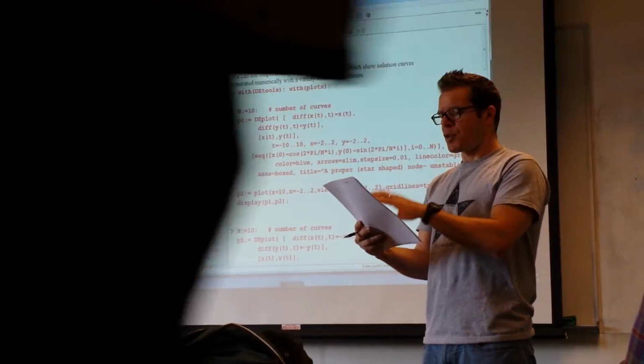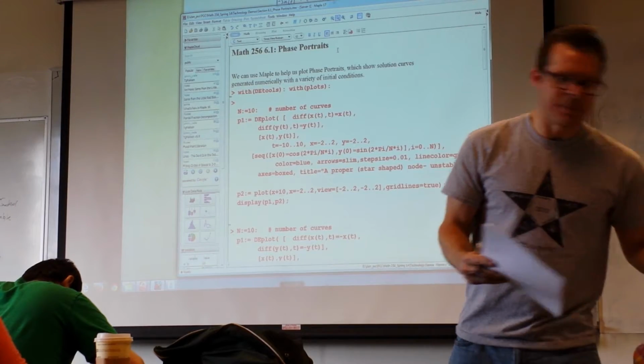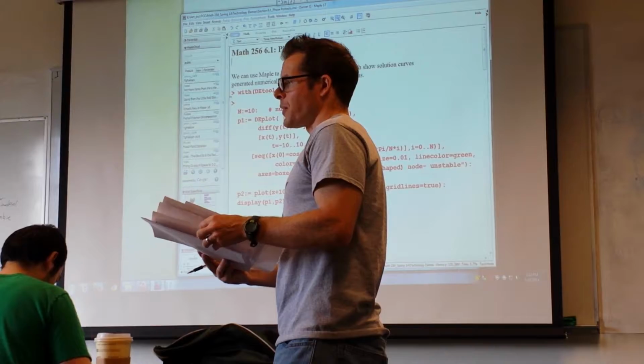For each system, I want you to find the eigenvalues of the coefficient matrix. And you can find the critical point as well.